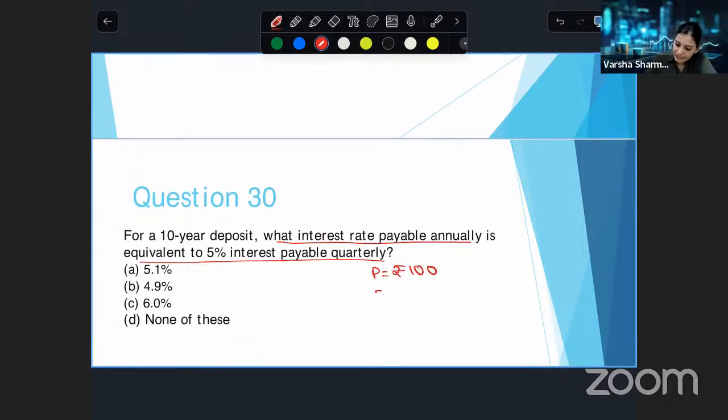If I calculate 5% for 10 years, find out the amount. Obviously compound interest. Quarterly, remember, this is quarterly.